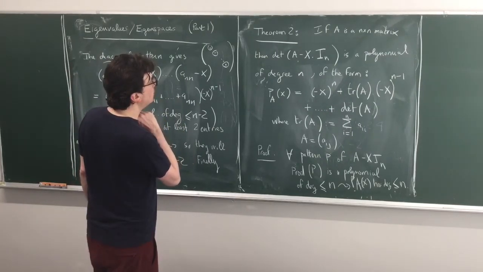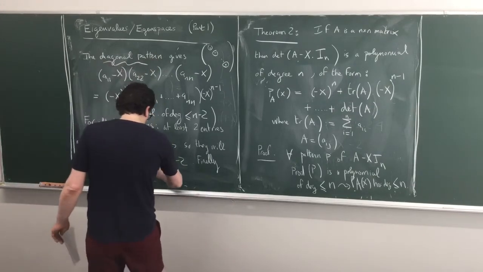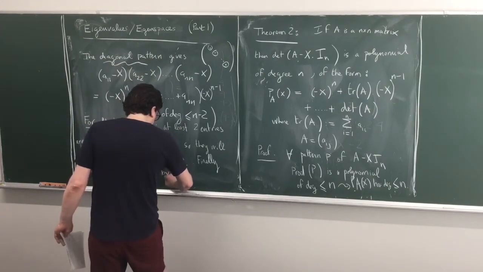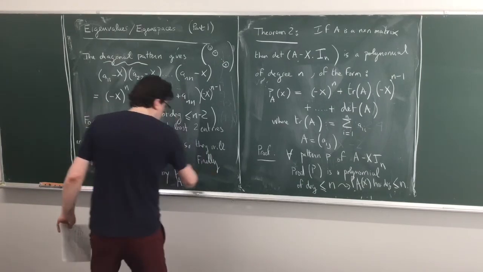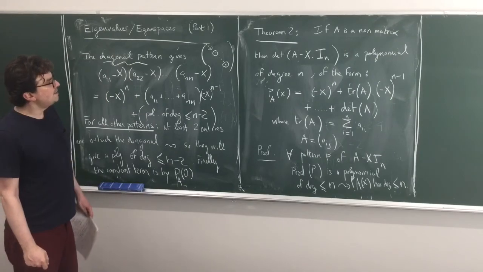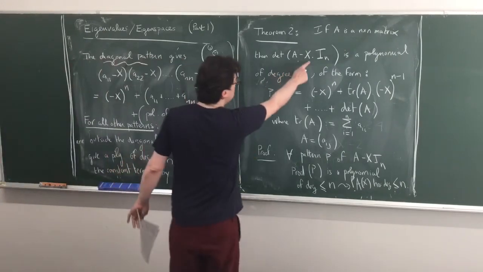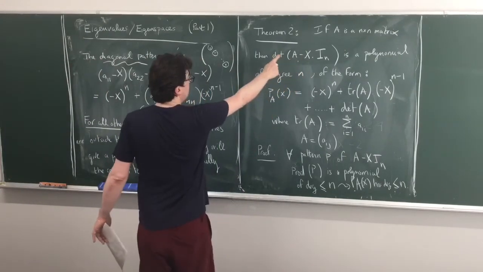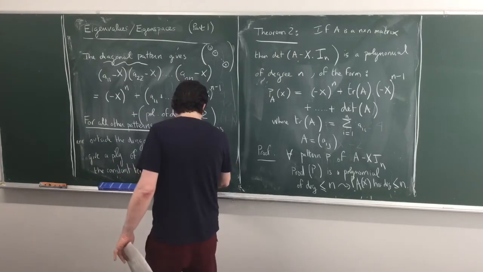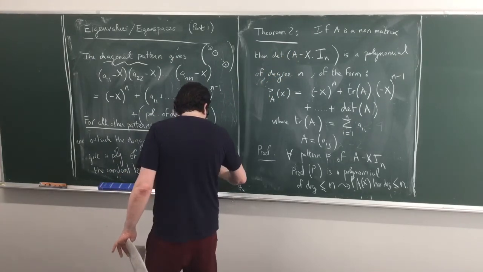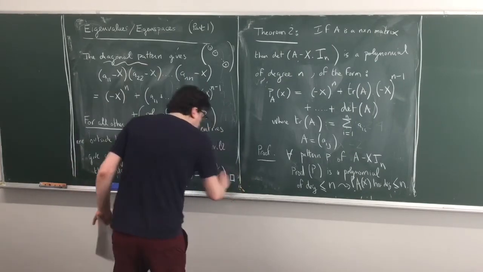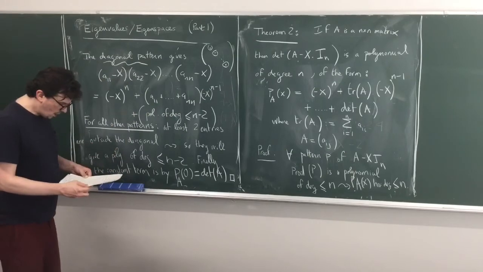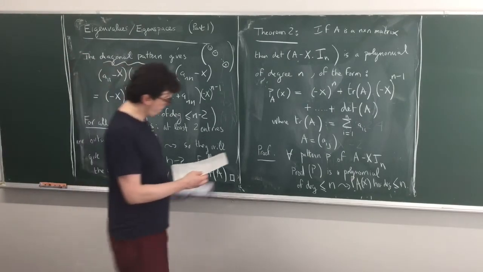Basically, the constant term is by definition P_A where you evaluate x at 0, but if you put here x equals 0, you will find the determinant of A. So this explains why the constant term is always the determinant. Okay, so this is the proof of this theorem.